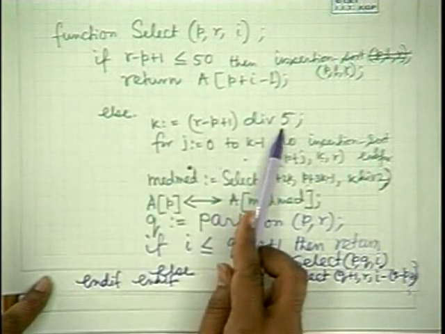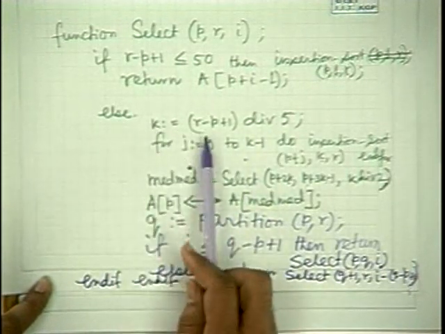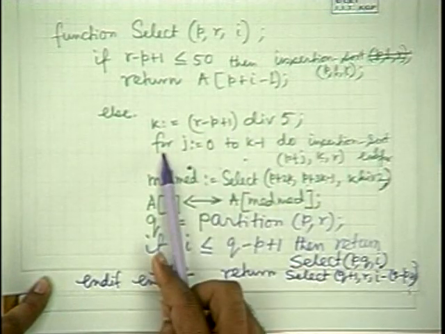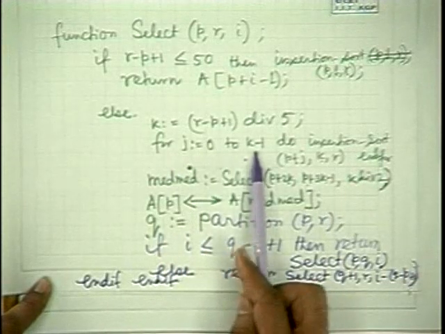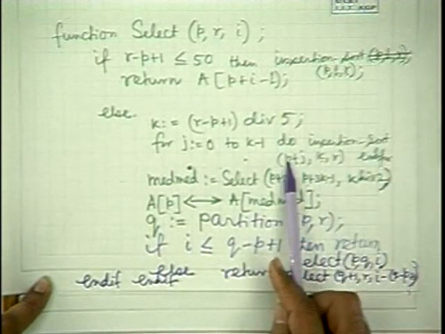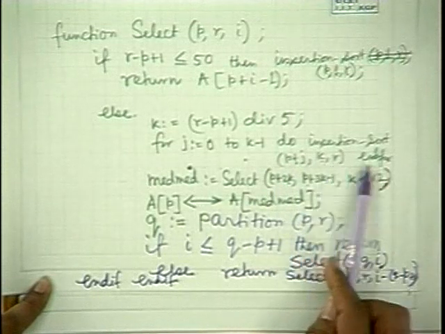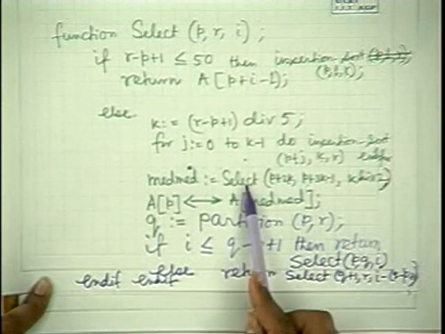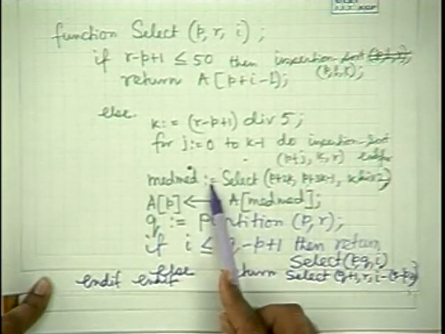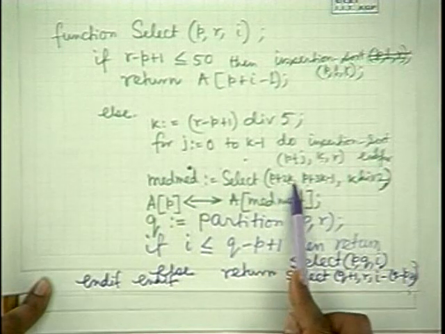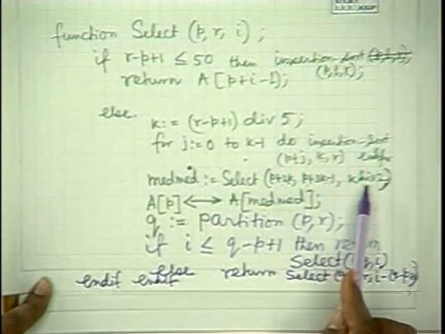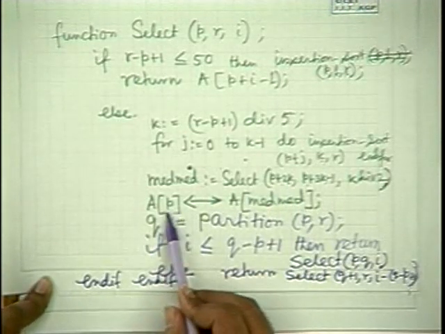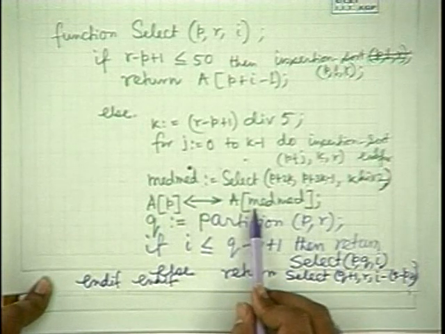You can write this: else k is equal to (r minus p plus 1) div 5, for j is equal to 0 to k minus 1, do insertion sort with the arguments p plus j, k, r, n for. A mid is assigned select, it is an assignment, not equal to. Select p plus 2k, p plus 3k minus 1, k div 2. A p is exchanged with A mid.